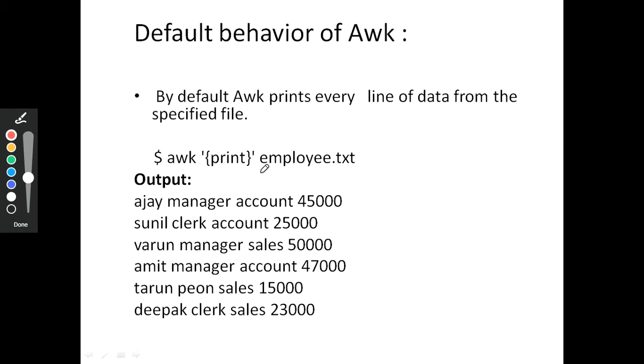As per the syntax which we have seen in the previous slide, we require a computer file on which AWK will perform its operation. So you can see here we just have the records of various employees, as well as their designation, the department to which they belong, with their salary structure.